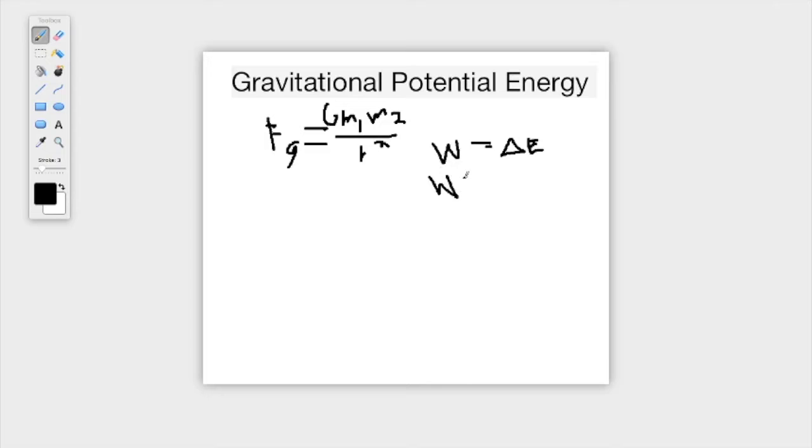So work is also defined as the integral of force times dx. So basically, what I'm trying to find is the work done by gravity to determine the gravitational potential energy for orbits. So we're going to have the bounds, so that's r to infinity.